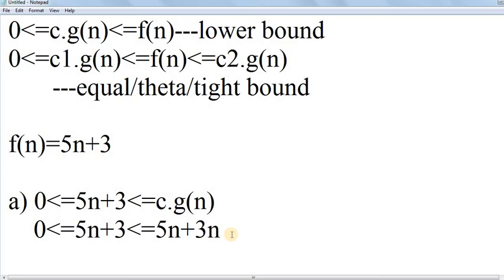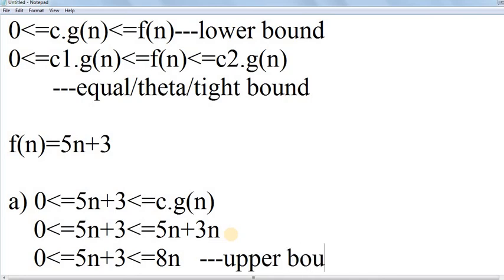So at the end I am getting a result as 0 less than or equal to 5n plus 3, which is less than or equal to 8n. That means what? Worst case time complexity of the function f of n, 5n plus 3, is n, 8n. You can represent it like this.